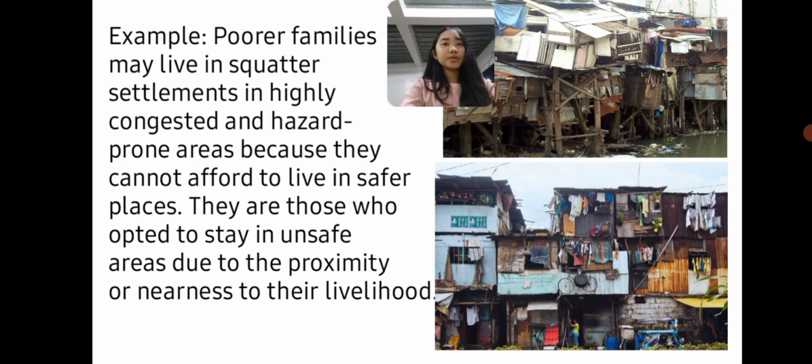For example, poor families may live in squatter settlements in highly congested and hazard-prone areas because they cannot afford to live in safer places. They are those who often stay in unsafe areas due to proximity or nearness to their livelihood.